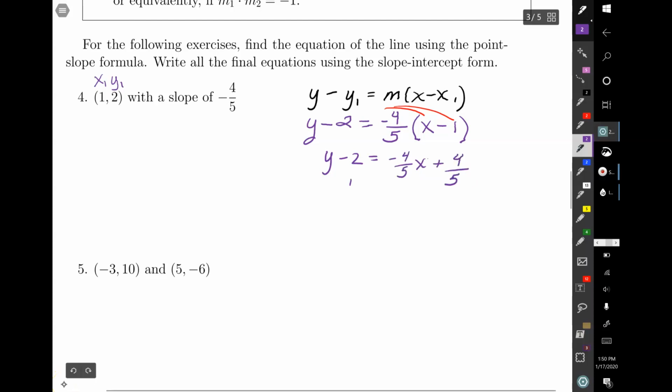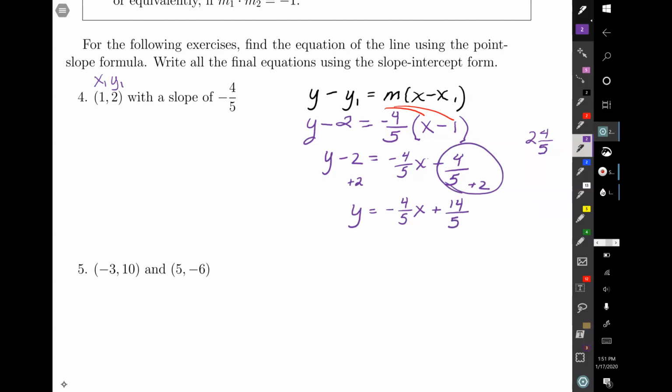Now we just need to add 2 to both sides, and we end up with y equals negative 4/5 x plus 2 4/5, which off to the side I'm going to figure out as an improper fraction. That would be 2 times 5 is 10, plus 4 is 14 over 5. So I just did that separately. Now that is our equation.